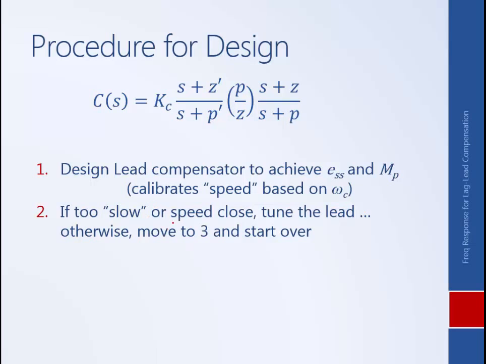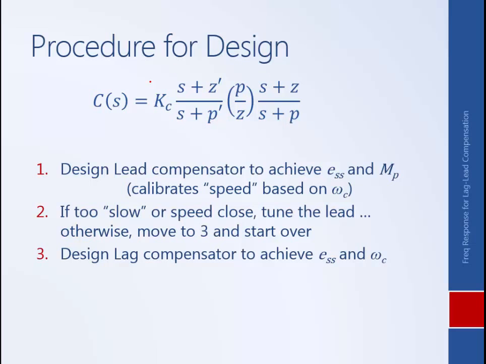If the response is too fast or faster than necessary, or we're really having a hard time meeting all three requirements with just a lead compensator, we're going to move to step 3 and start over. So we'll throw out the lead compensator we've designed, and in essence, we're going to do our lag-lead.